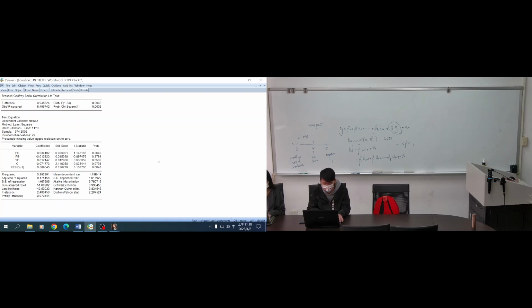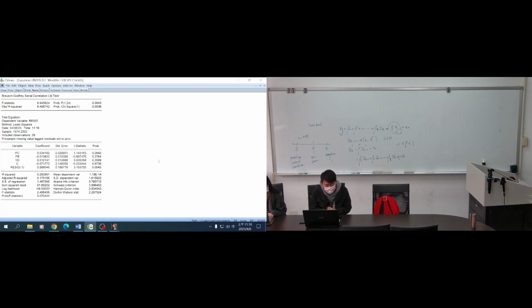So either the F test or the other one, called the chi-square test. What's the p-value? The p-value is pretty small, right?